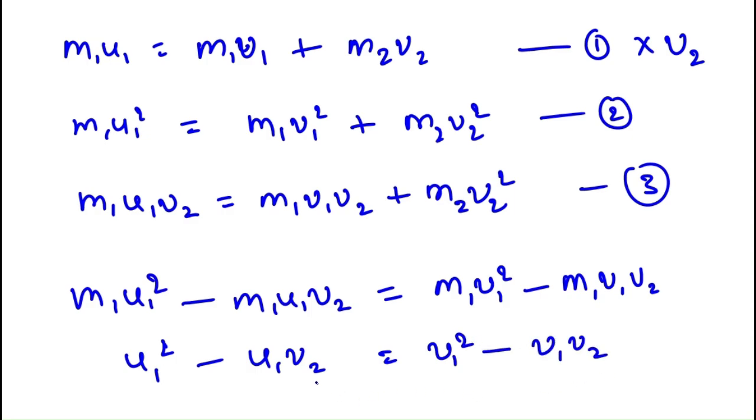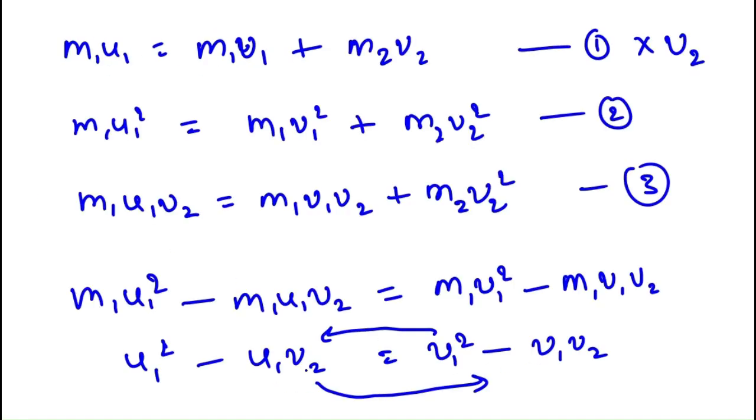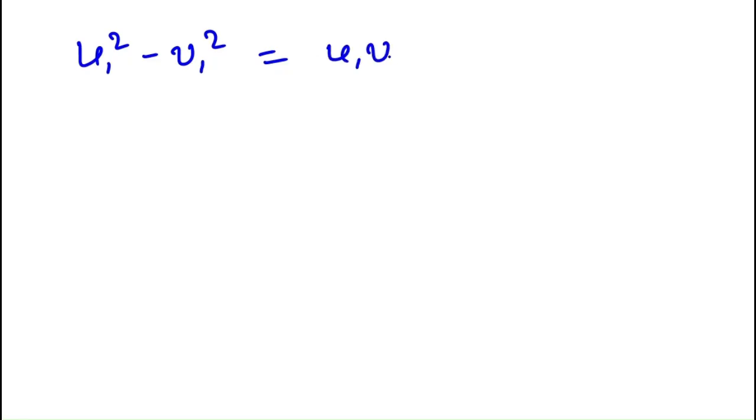Then we can bring this term to the other side, so we will have U1 square minus V1 square equals U1 V2 minus V1 V2. Okay, it is getting simpler now.